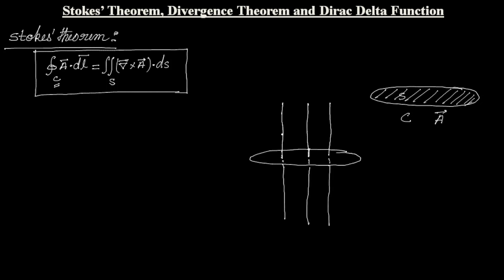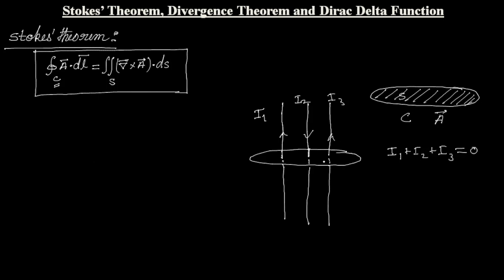These are wires through which current is flowing. Let's say in this one the current is I1, in this one I2, and in this one I3, and let's say the sum of all three currents, I1 plus I2 plus I3, is equal to 0.